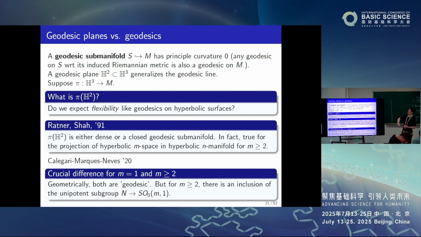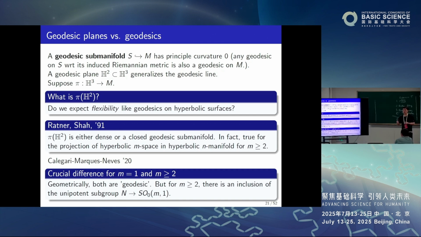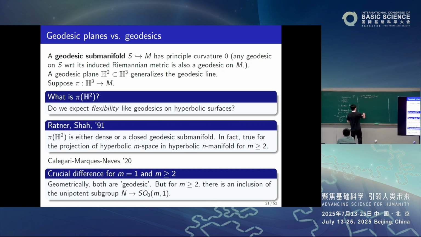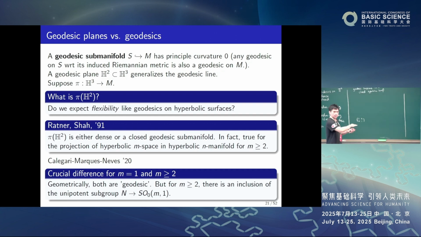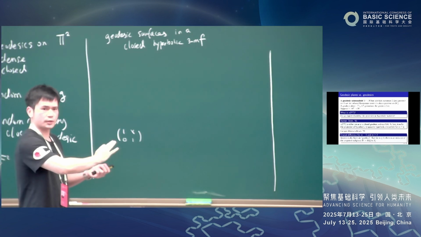So the crucial difference between a one-dimensional geodesic and a higher dimensional geodesic submanifold is that for the higher dimensional geodesic submanifold, you have the inclusion of the unipotent orbit. Because previously I said this horocycle, this matrix 1, 1, so this guy, its orbit is always dense in your closed hyperbolic surface, so it's very rigid.